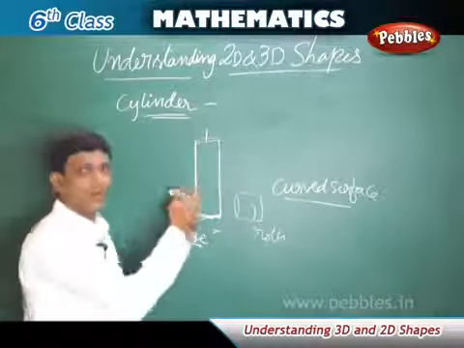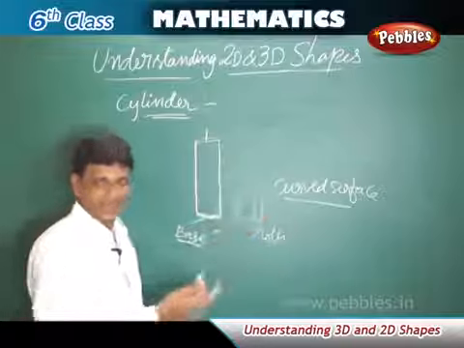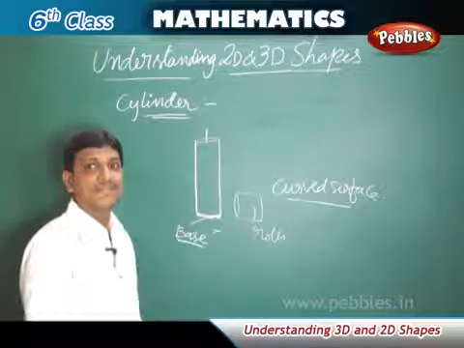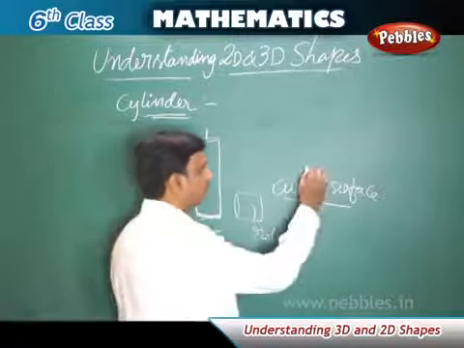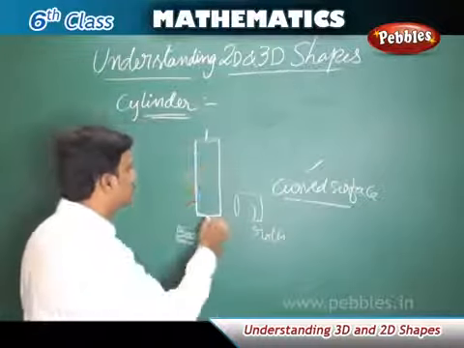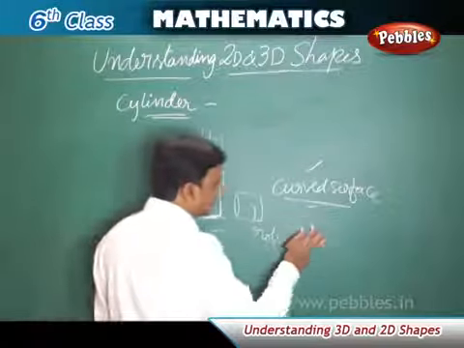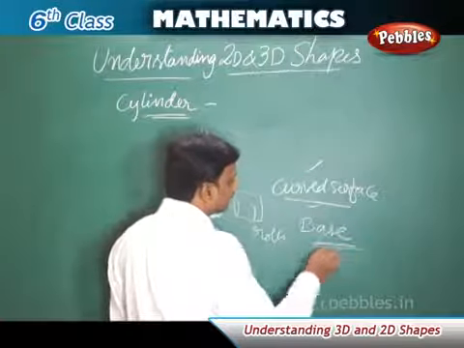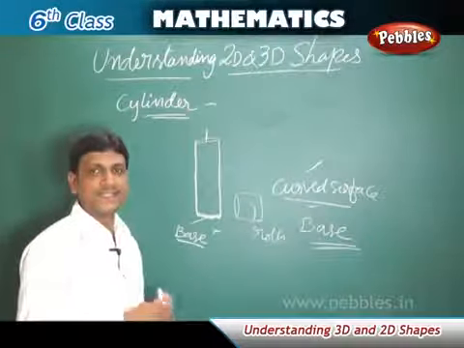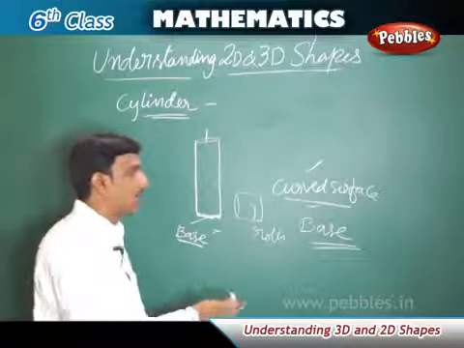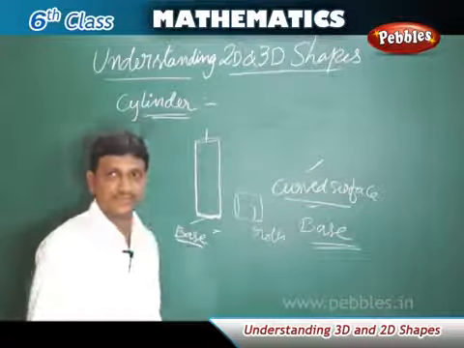When the candle is laid down horizontally, it rolls. So on which surface is it rolling? It is rolling on the curved surface. So these cylindrical objects have a curved surface and a base. They stand on the base and they roll on the curved surface.